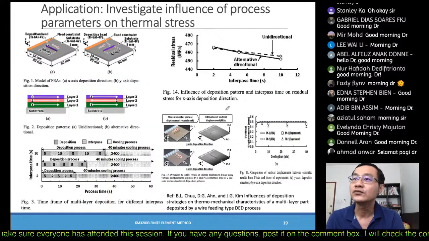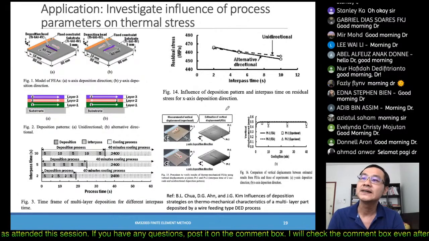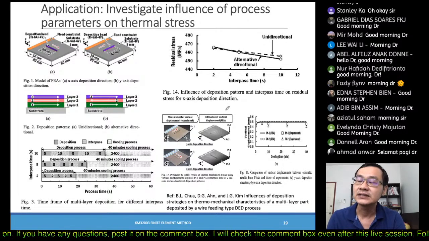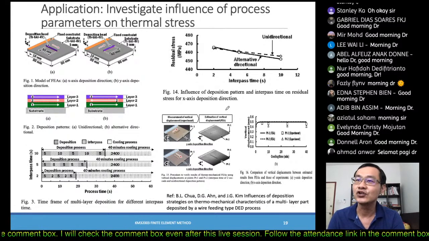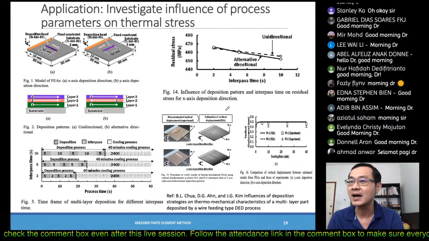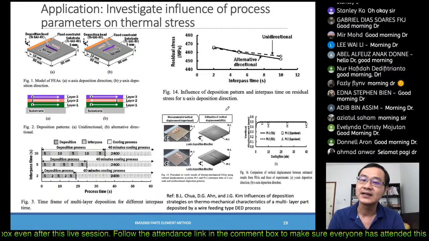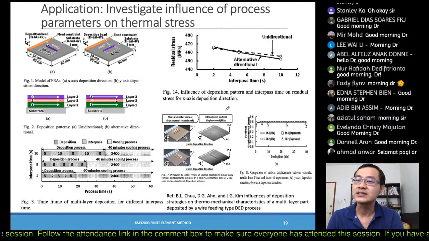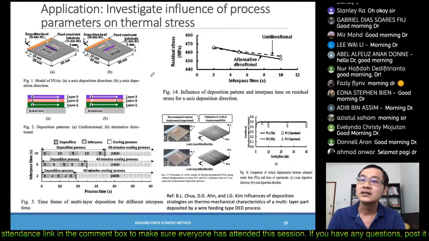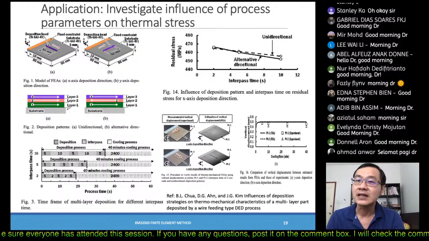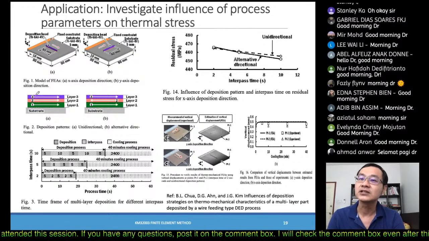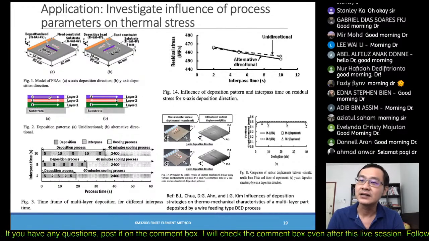Then we can also use the heat transfer analysis to investigate the influence of the process parameters, how they would affect the thermal stress itself. In this research we see that there is a deposition of material layer by layer, and the directions of it.